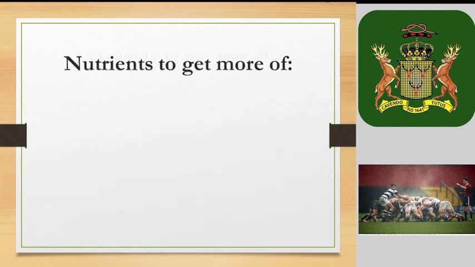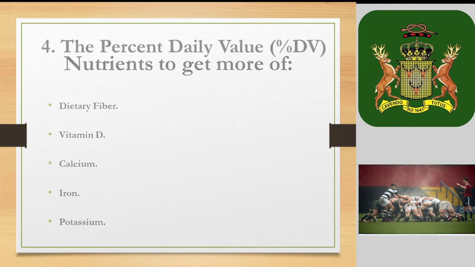Nutrients to get more of: dietary fiber, vitamin D, calcium, iron, very important for girls and for the good regulation of the blood, and potassium.